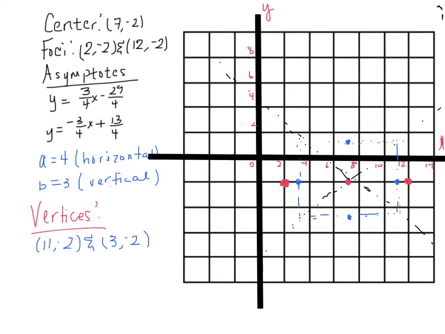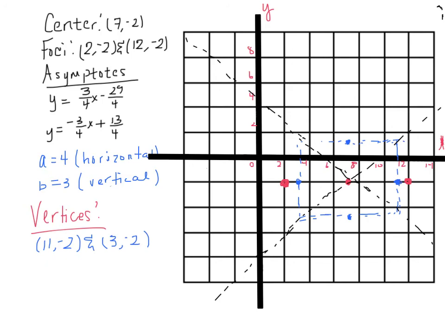And remember that the graph will get very, very close to these asymptotes. But in a hyperbola, it will never touch these lines. So now what do we do? Now you start at each vertex and you follow the curve of the asymptotes.